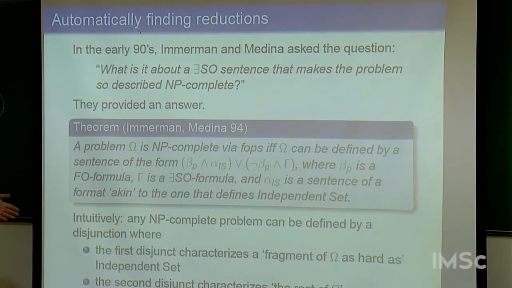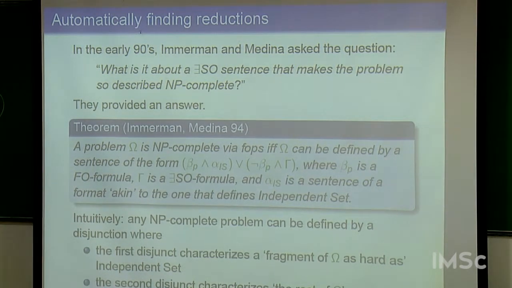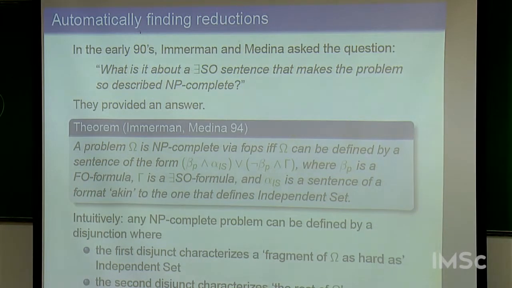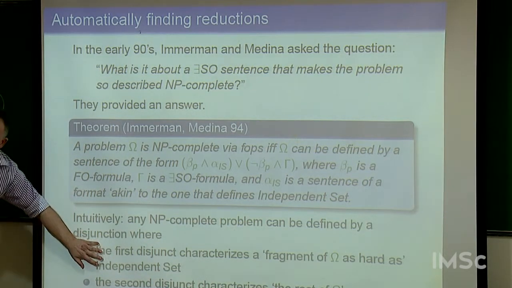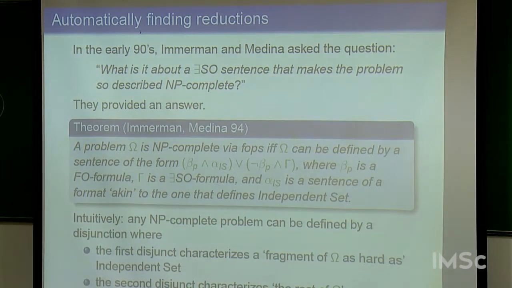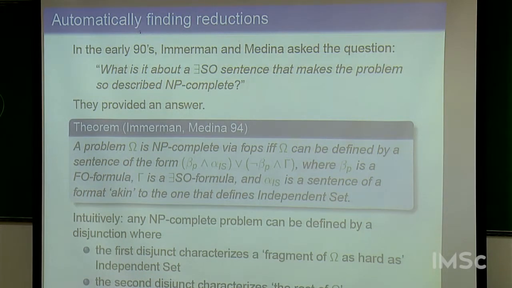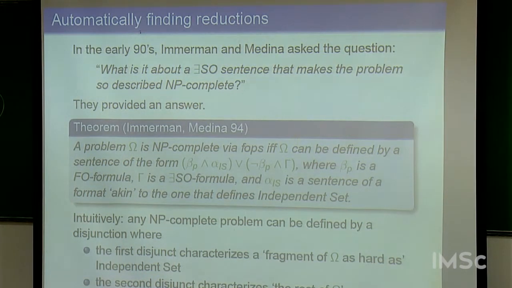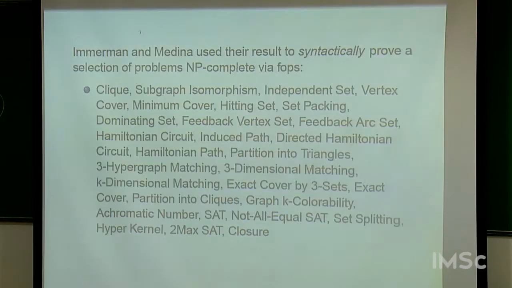Intuitively, what this says is that any NP complete problem can be defined by a disjunction where essentially the first disjunct characterizes something as hard as independent set, and the second disjunct characterizes the rest. Okay, this is very, very intuitive. So intuitive, I don't get it myself, but there we are.